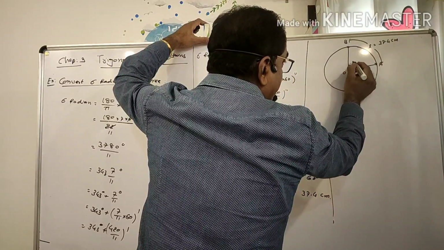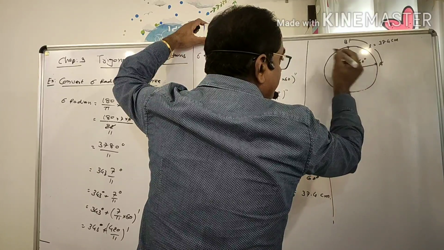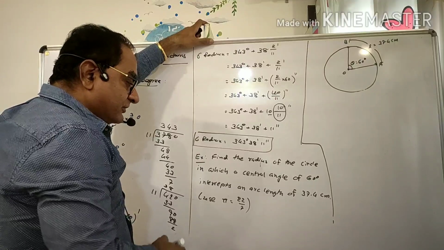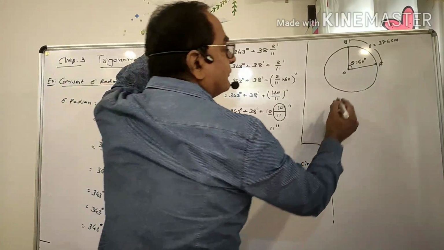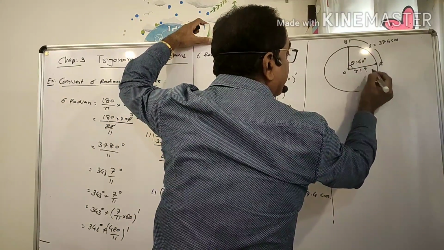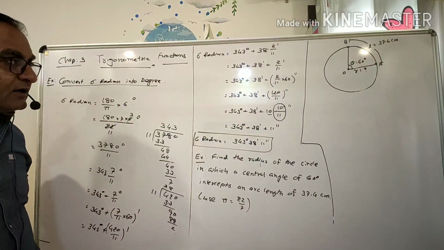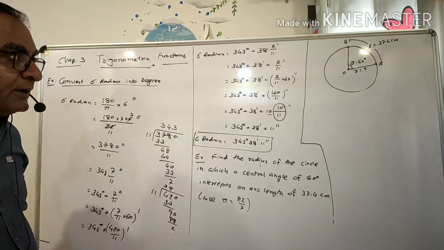That means theta is equal to 60 degrees, and they have asked to find the radius R of this circle.